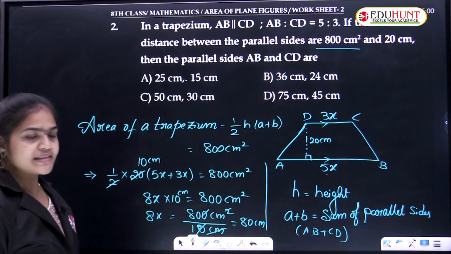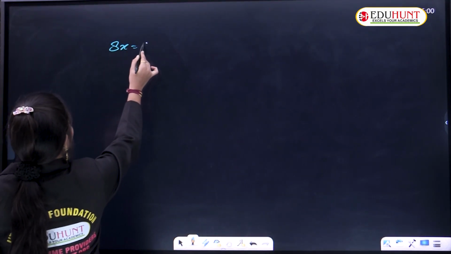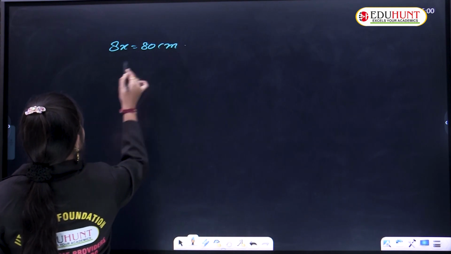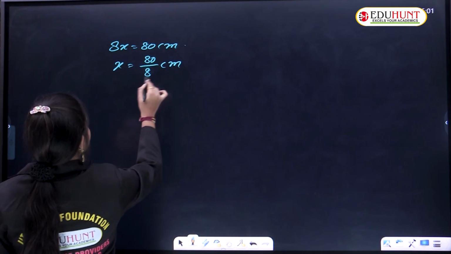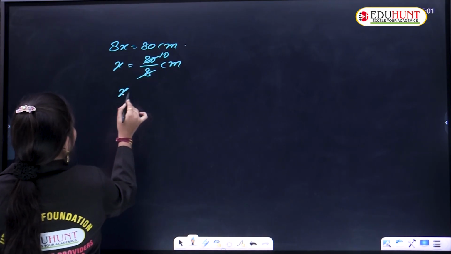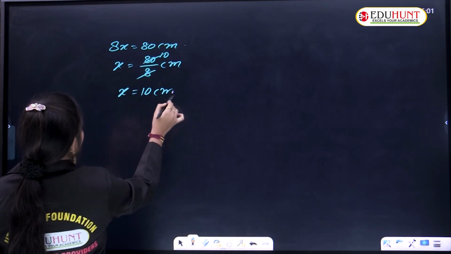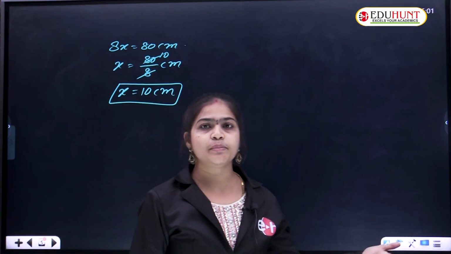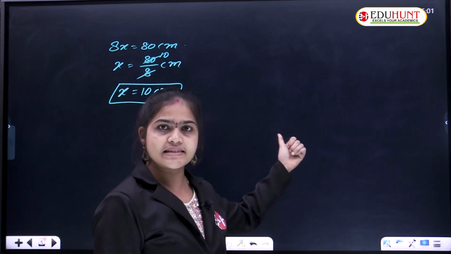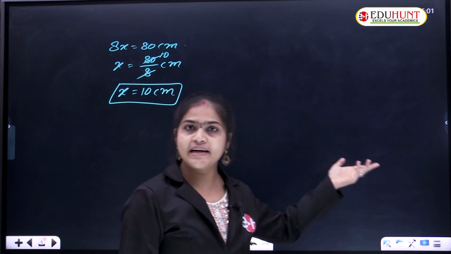Still 8x is there, so we need to find the x value. Here 8x is equal to 80 centimeters. x is equal to 80 by 8 centimeters, which is 10 centimeters. Now we know the value of x, and we can easily find the AB and CD values.